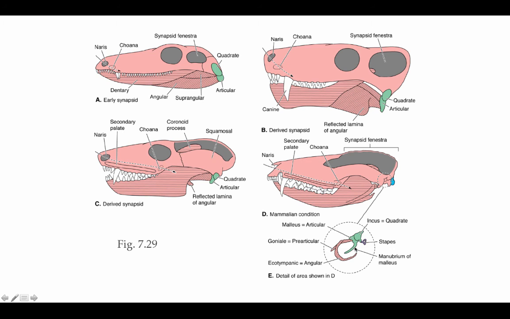This is a synapomorphy of the mammals. Again, malleus, incus, stapes being this chain of tiny little bones that are used for amplifying sounds in mammals. And we still also retain a remnant of one of those other lower jaw bones, the angular, which becomes the ectotympanic bone, that surrounds and supports the tympanic membrane.